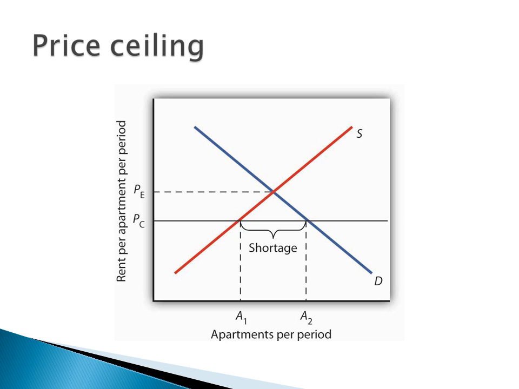And you can see point A2 at that enforced price of PC: what individuals demand, the number of houses and accommodations that tenants are scouting for. So price ceiling usually leads to shortage because suppliers are not comfortable with the prices.